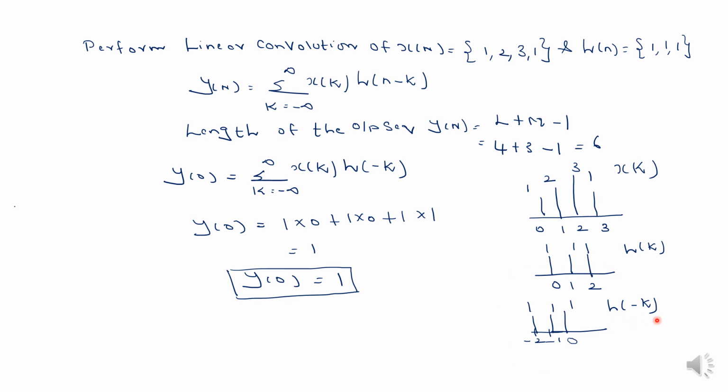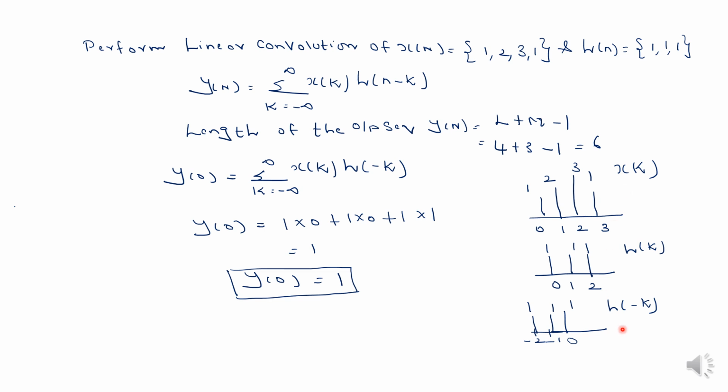It is a simple folding operation. So h of minus k is given by, for k is equal to minus 2, the value is 1, and for k is equal to minus 1, the value is 1 again. So now we can compute linear convolution between these two sequences x of k and h of minus k.